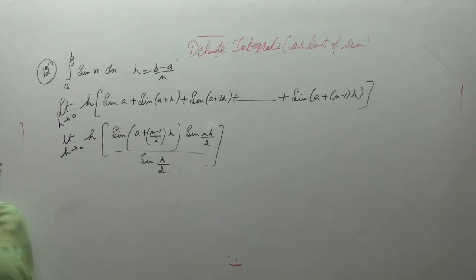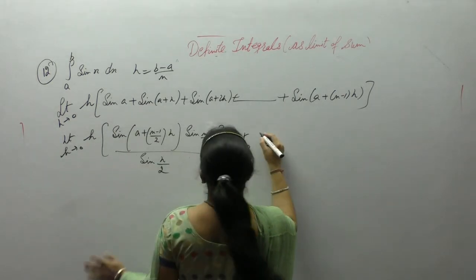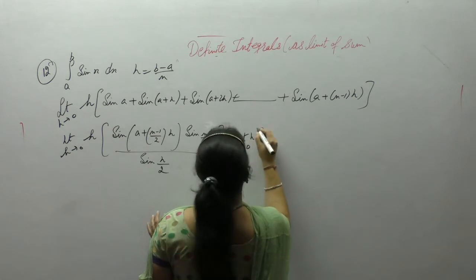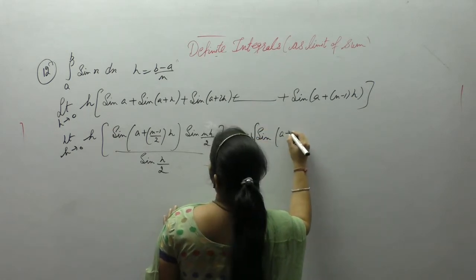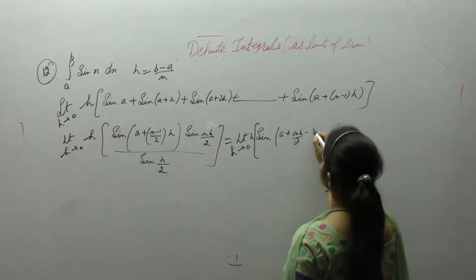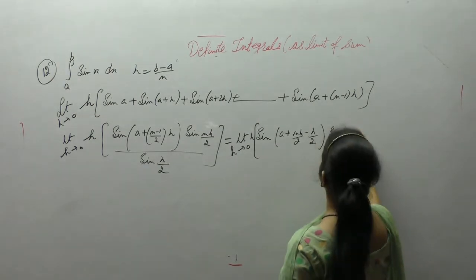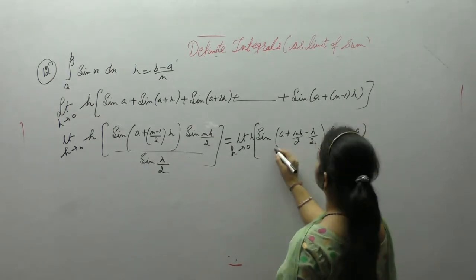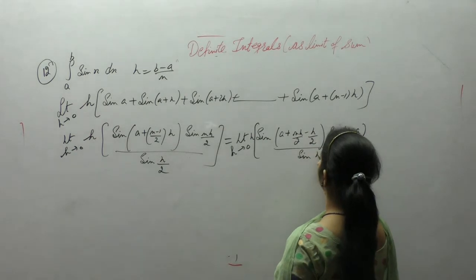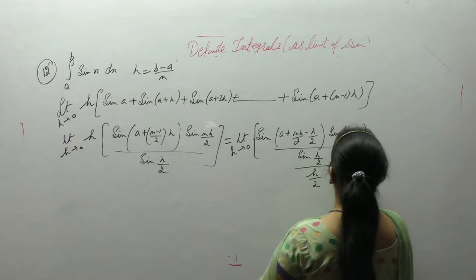Now put the value of nh. Limit h tends to 0, sine of a plus nh by 2 minus h by 2, sine, what is nh? It is b minus a, sine h by 2 upon h by 2 multiplied by 2.